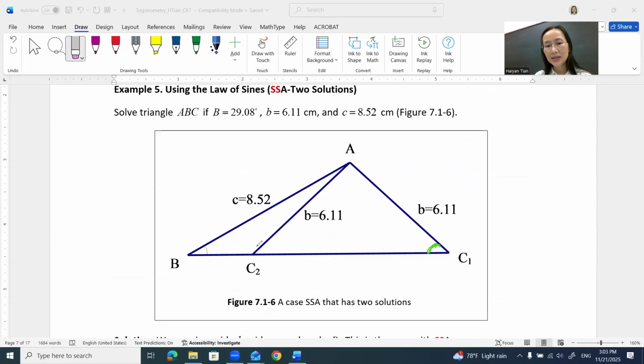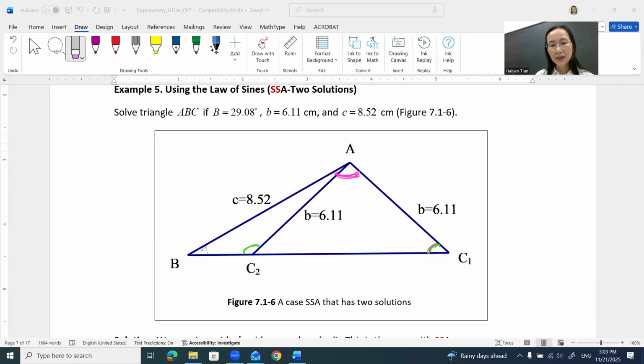The other possibility is the C as obtuse, right? When C is an acute angle, then A will be obtuse here.